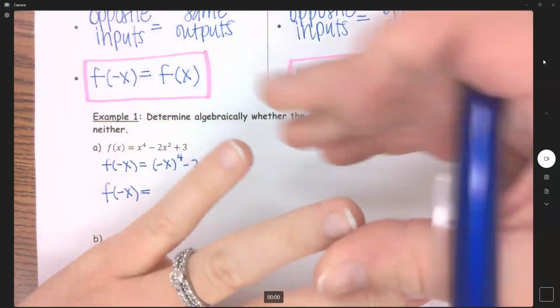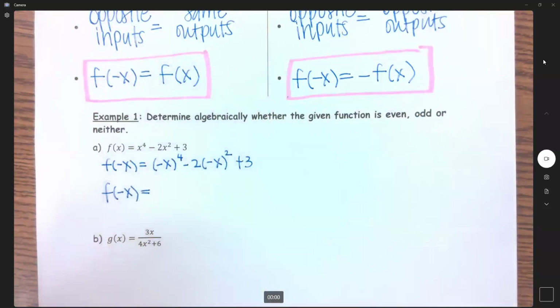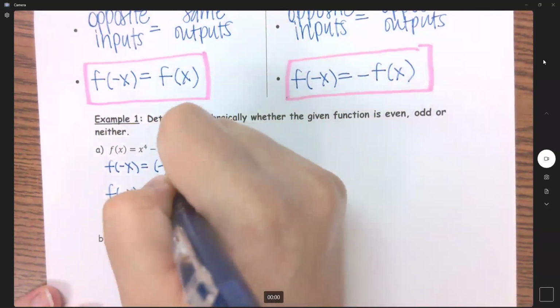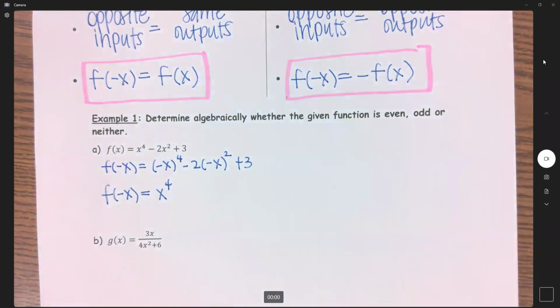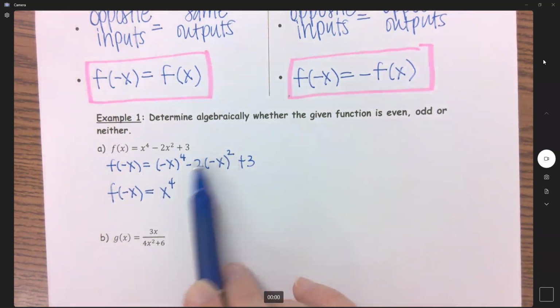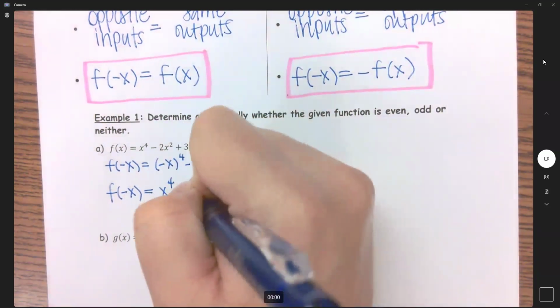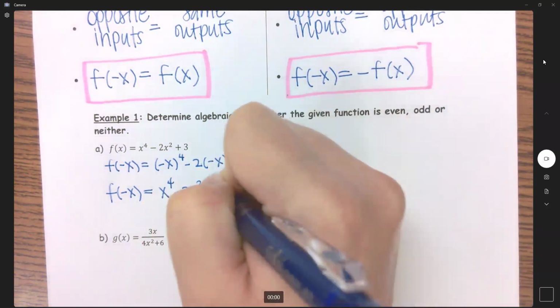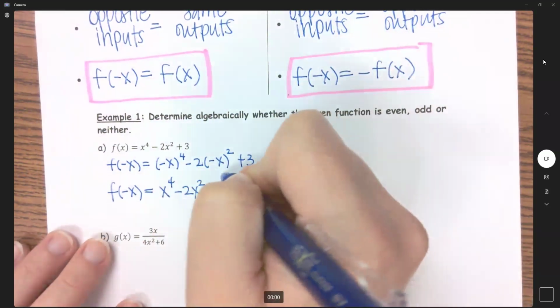So these two make a positive, these two make a positive, we have positive x to the fourth. If it's an even exponent, it's going to come out positive. If it's an odd exponent, it's going to come out negative. Likewise, negative x squared is going to be positive, times a negative 2 is negative 2x squared, and then bring down your plus 3.